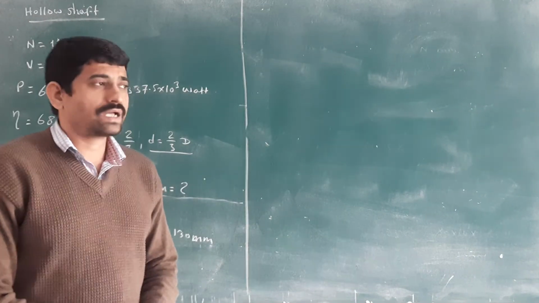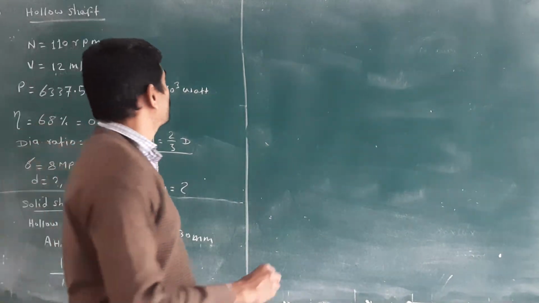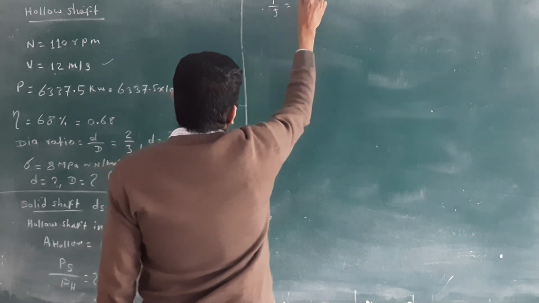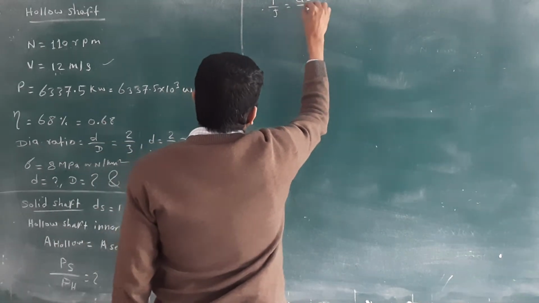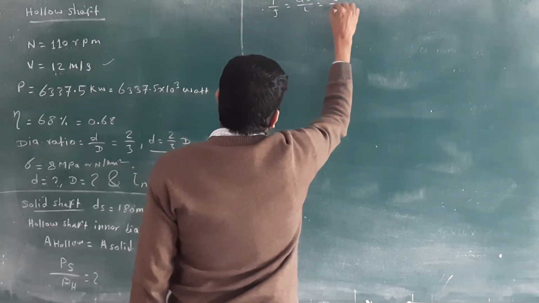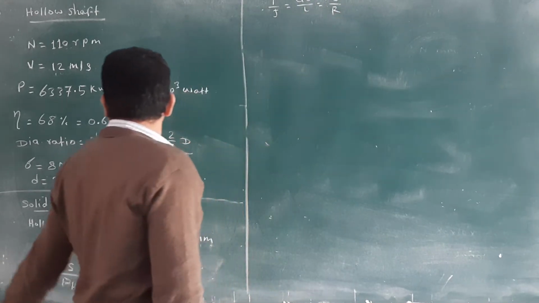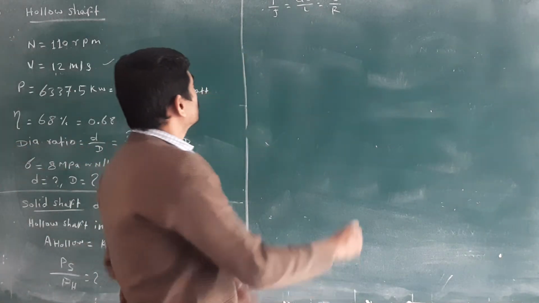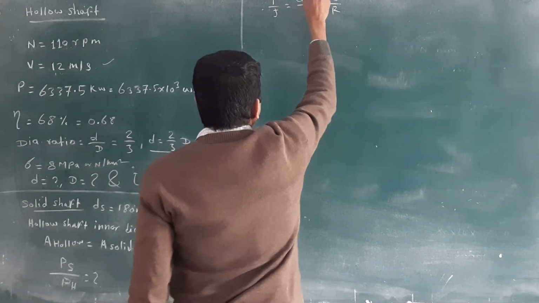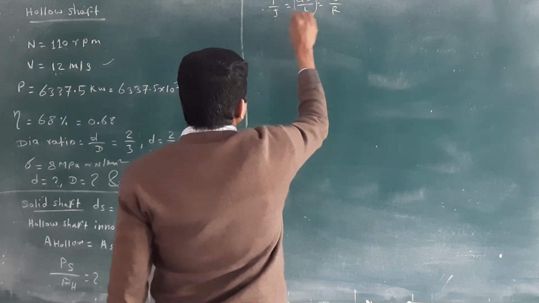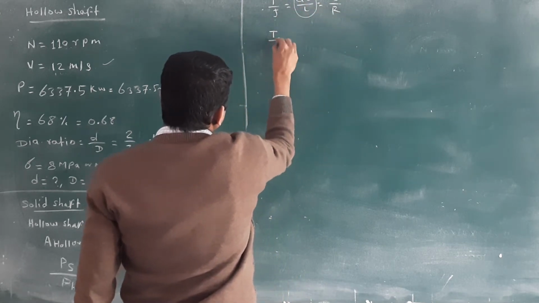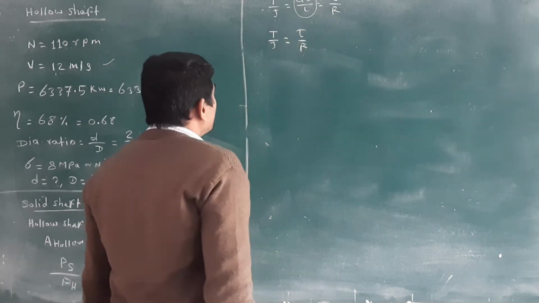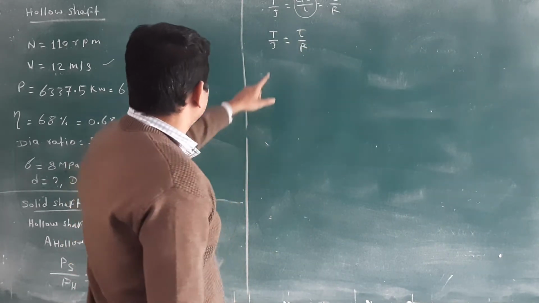You know the formula for torsion: T by J is equal to G theta by L is equal to tau by R. In this numerical, we are not given any length, theta value, or G value. Then you have to use the relation T by J is equal to tau by R. How do we calculate this J value?